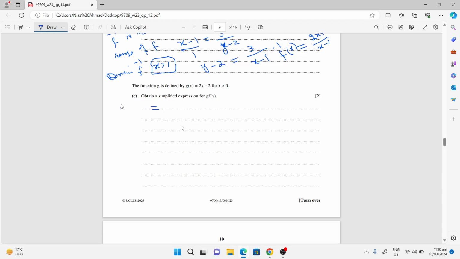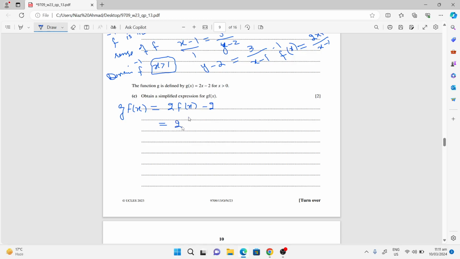g f of x. This is g. It's 2 times the function minus 2. What is your function?